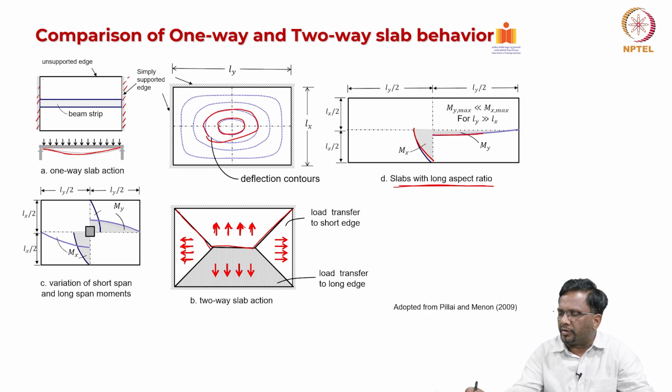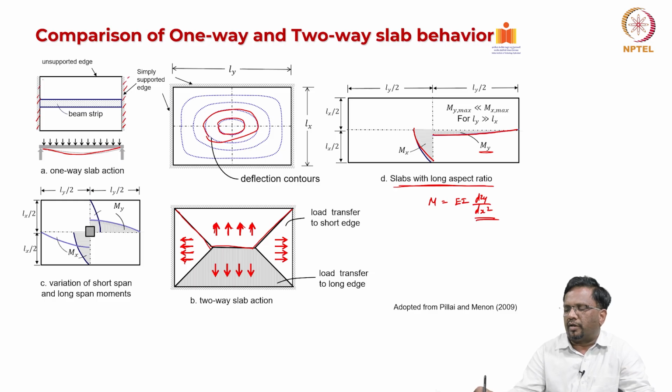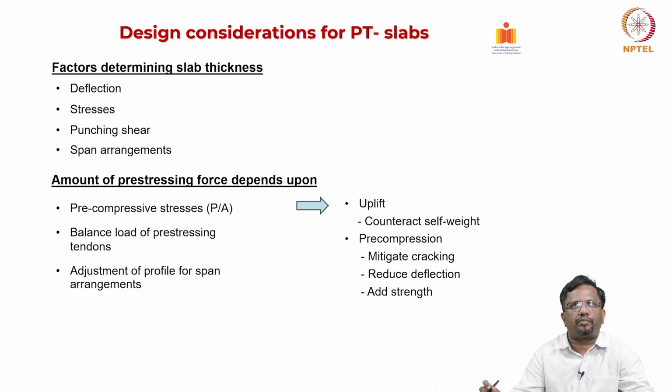In the longer direction, I am going to have a smaller bending moment, because the curvature is not going to be there. Again, bending moment, in a simple way, M by I is nothing but your curvature, d squared y by dx squared. So the higher the curvature, the higher will be the bending moment. You know this from simple bending theory.